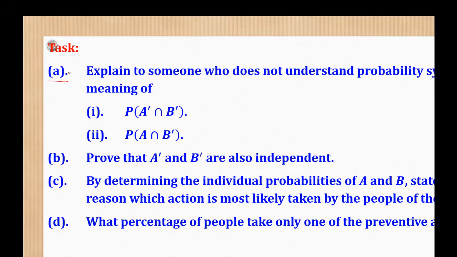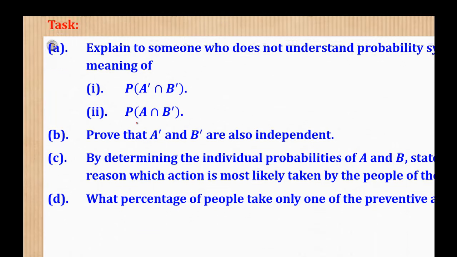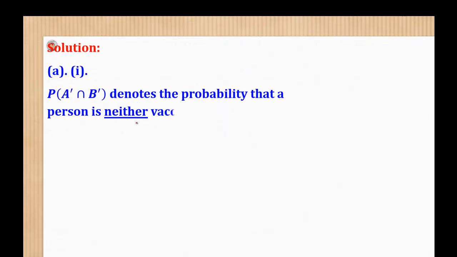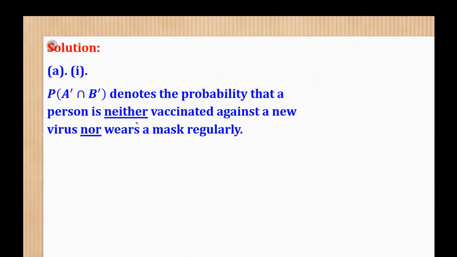Task A. Explain to someone who does not understand probability symbols the meaning of P of A complement intersection B complement. Then Roman 2, P of A intersection B complement. So A complement intersection B complement means neither nor. So you shall come and say, this denotes the probability that a person is neither vaccinated against the new virus nor wears a mask.